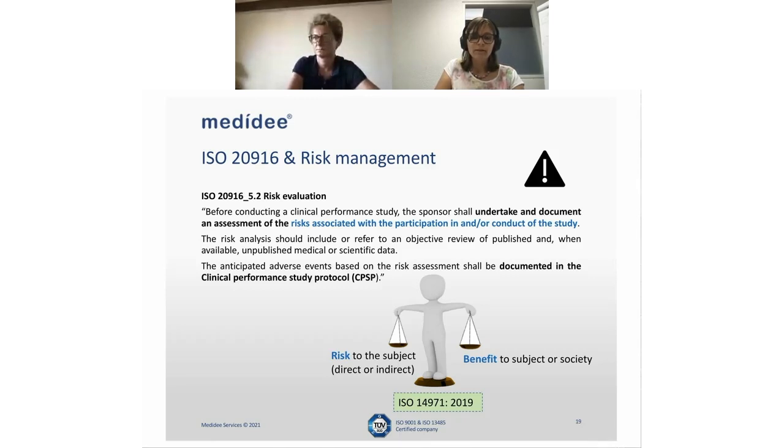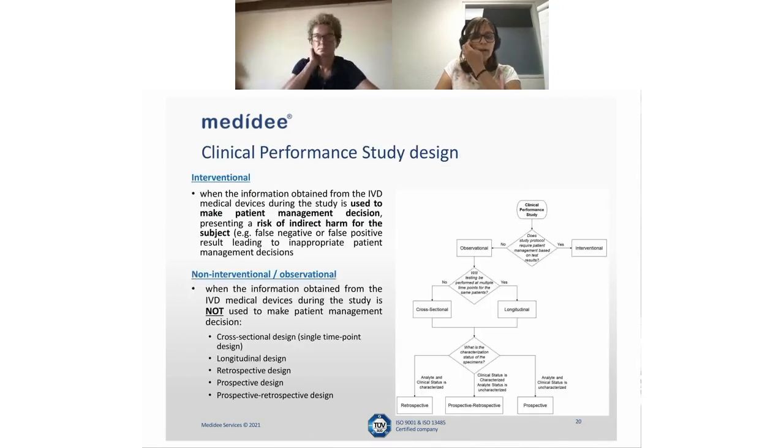So all of this needs to be taken into consideration before starting a clinical performance study, on how you can demonstrate that, in participating in the study, the benefits outweigh the risks.